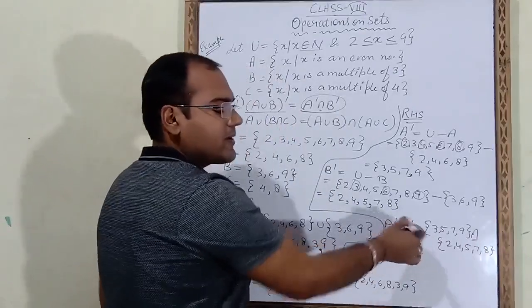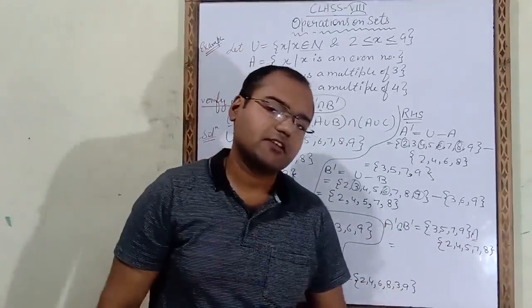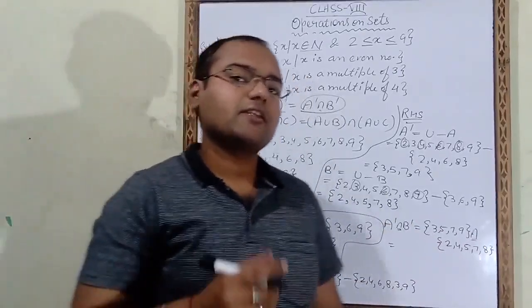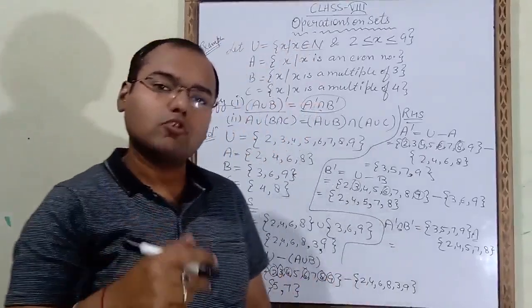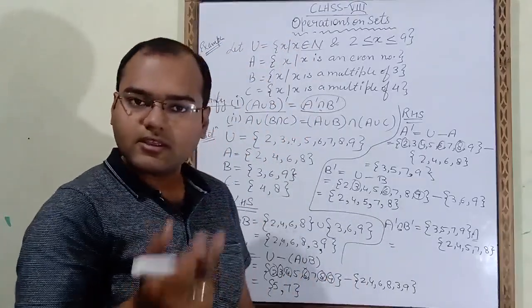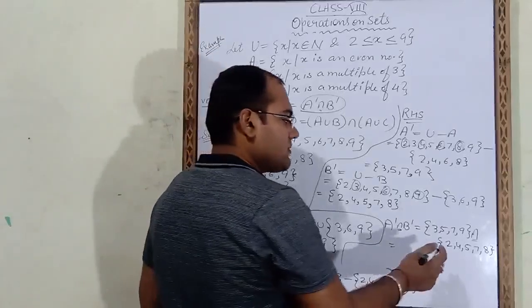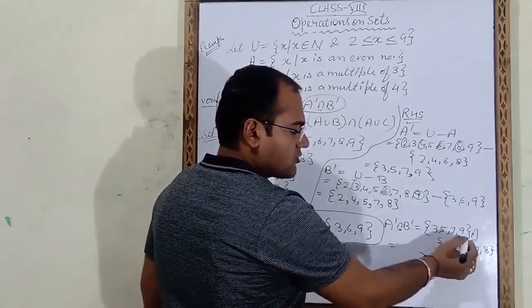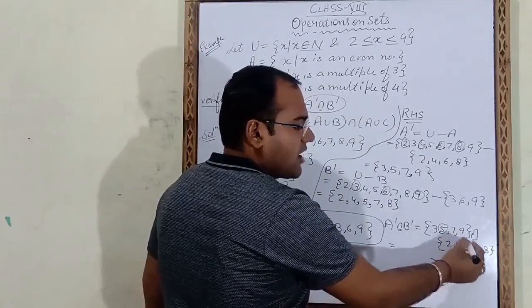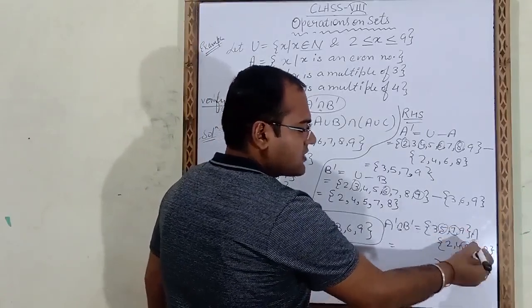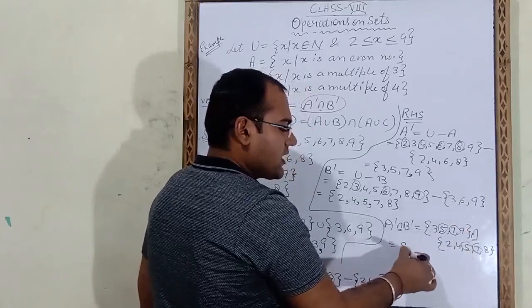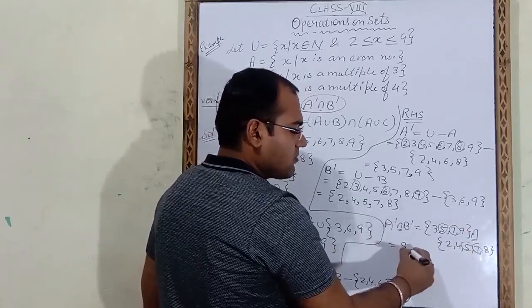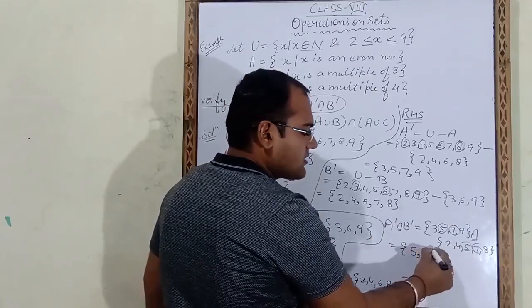Intersection sign is coming, and in intersection we have to write the common elements which are coming in A complement also and in B complement also. So which elements are coming? 2 not coming, 4 also not coming, 5 is common in both, 7 is common in both. So the final answer of A complement intersection B complement is 5 and 7.